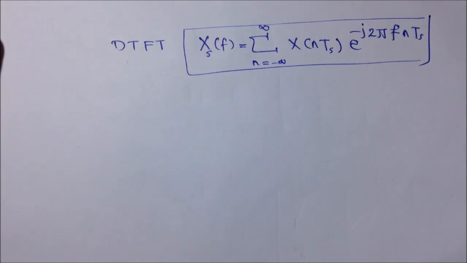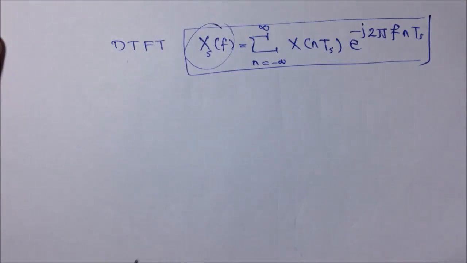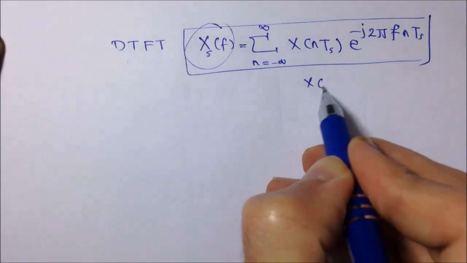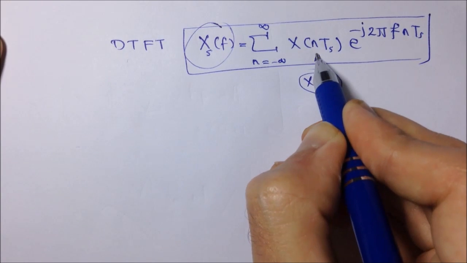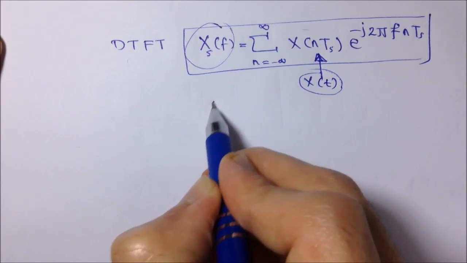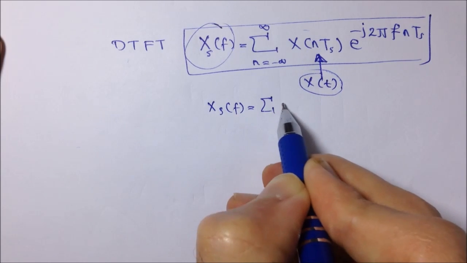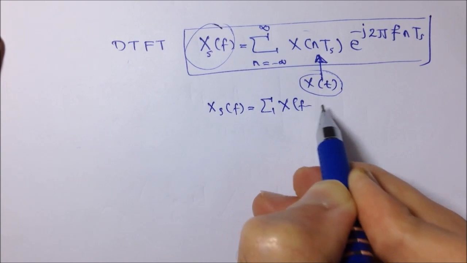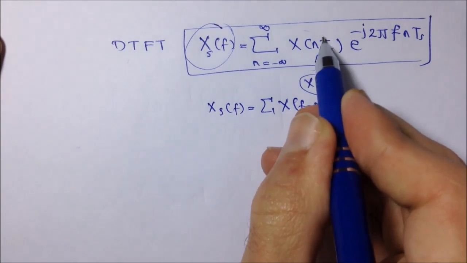And we also understood the relation between X s of f and X of f, which is the original analog signal before it was sampled to X of nTs, which was X s of f equal to the summation of X of f minus n fs, assuming that fs is 1 over Ts.